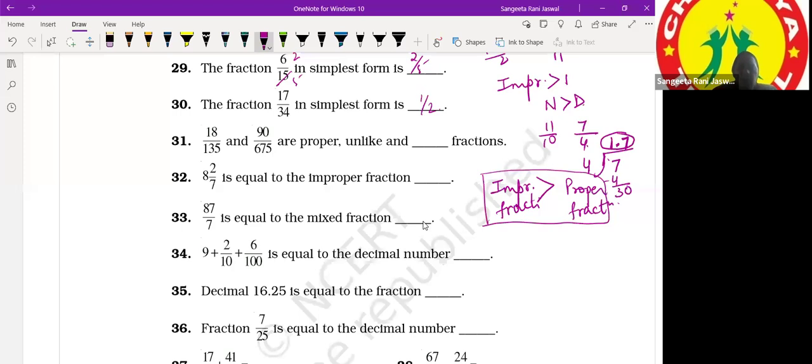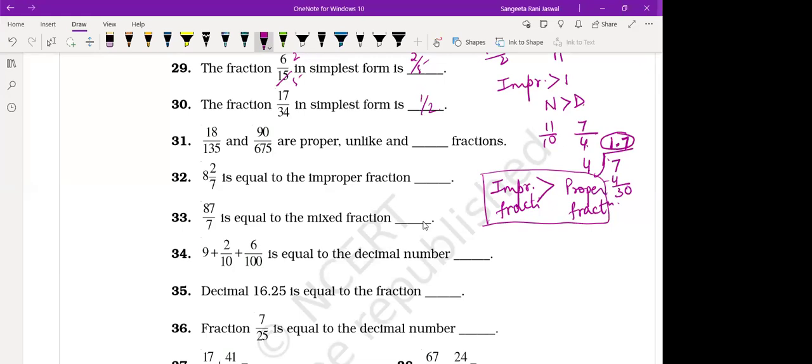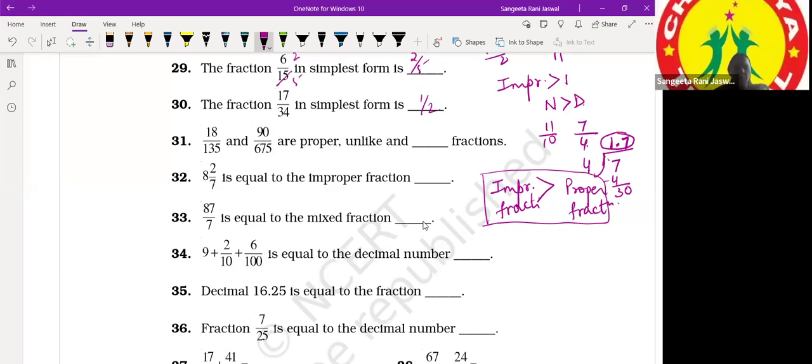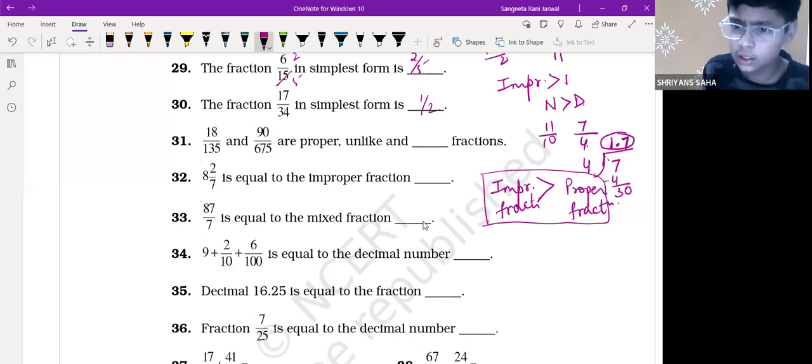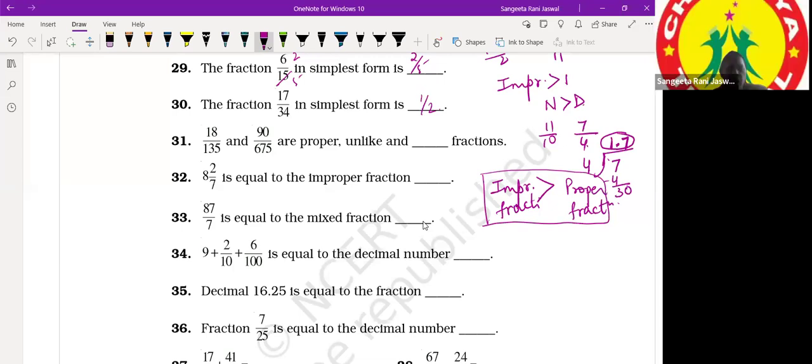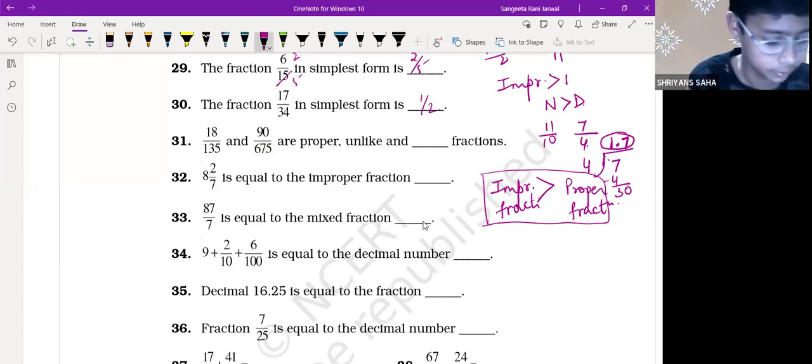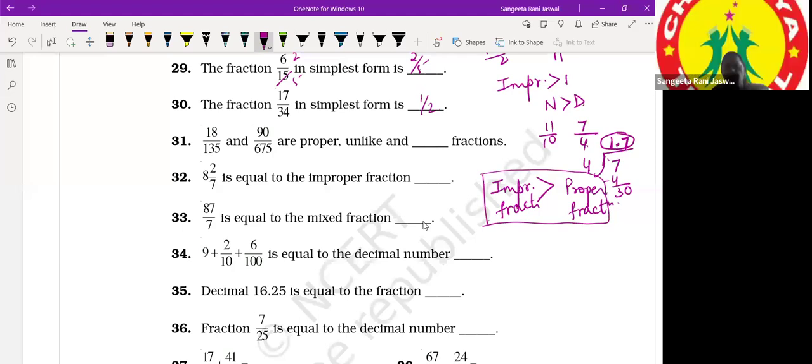Okay, 18 by 135 and 90 by 675 are proper, unlike, and dash fractions. So what else can you say about this? This is a proper fraction, it's an unlike fraction, and anything else? Equivalent fraction. Is it equivalent? Just check. Check the lowest form of both of them.